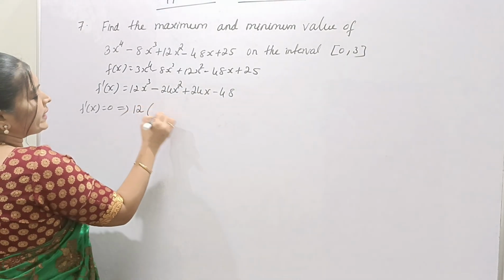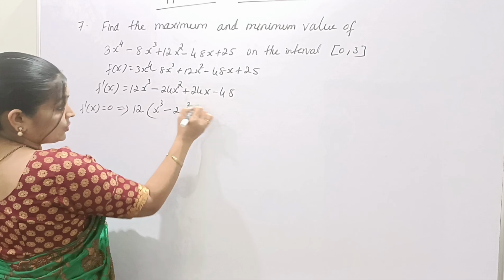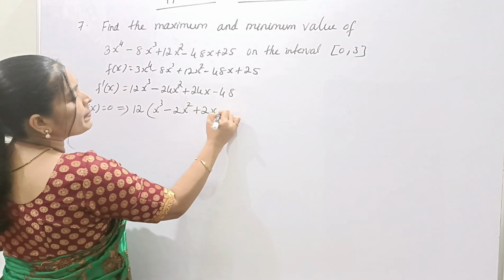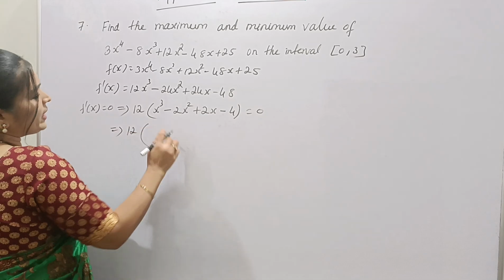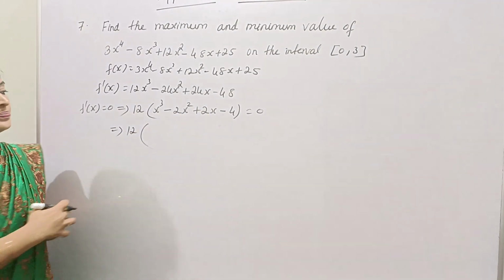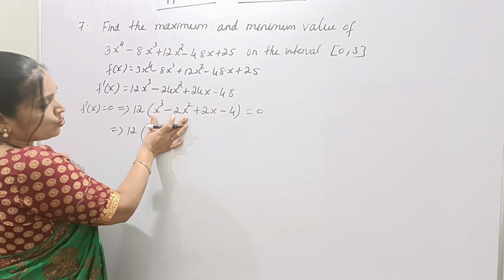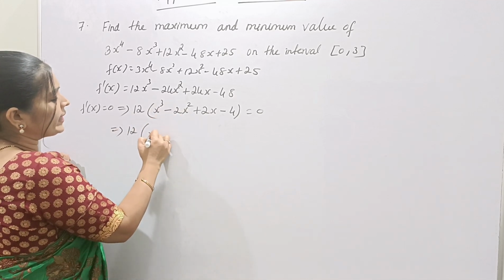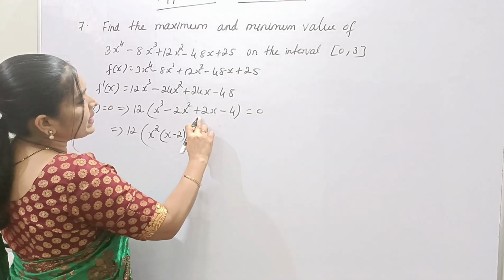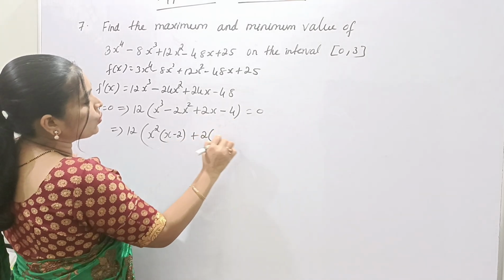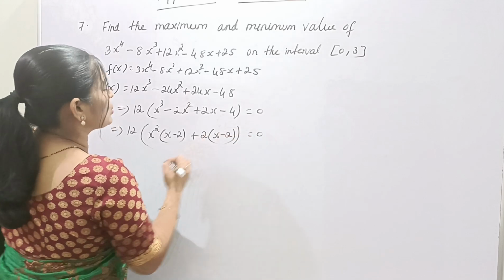So take 12 outside. 12 into x cube minus 2x square plus 2x minus 4 is equal to 0. Here we have to find the factors, right? So for that, let us consider these two terms. Take x square outside. So x square into x minus 2 plus, here take 2 outside, 2 into x minus 2, right? That is equal to 0.